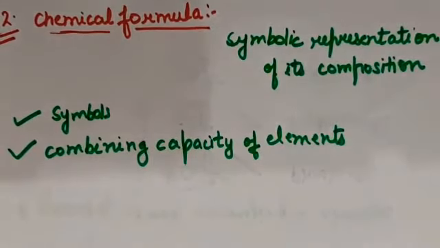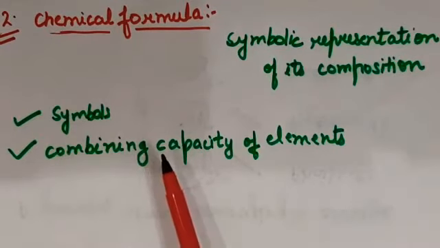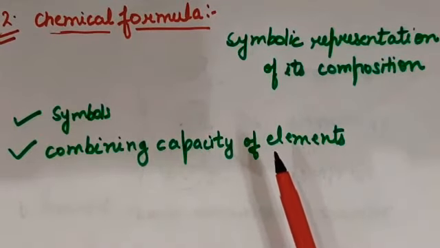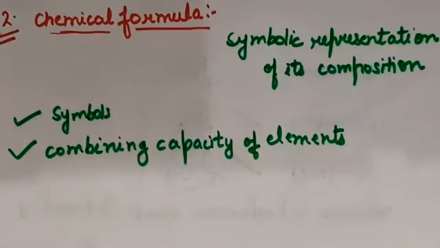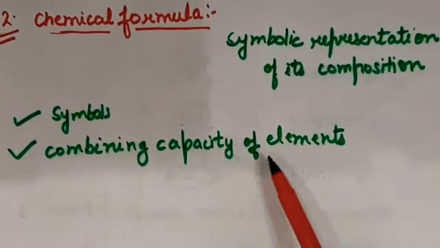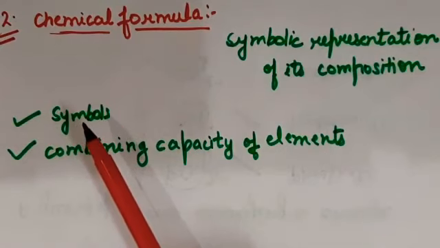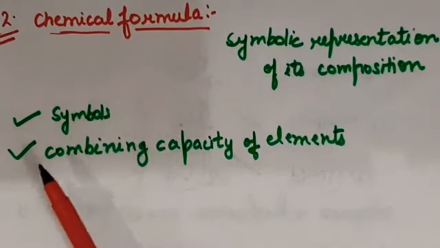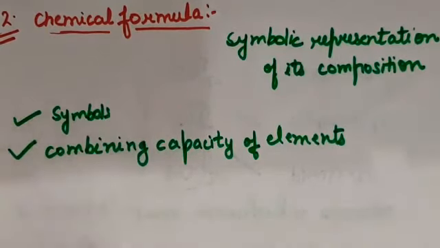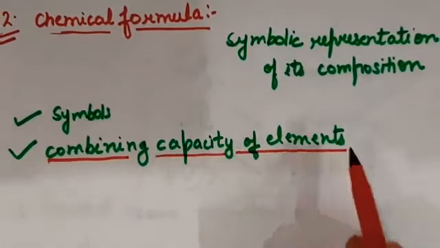Okay, and if we know the symbol as well as the combining capacity of the given element, we can easily write a chemical formula. Now students, you are well aware of the symbols that I gave you. Now, what do you mean by combining capacity of element?